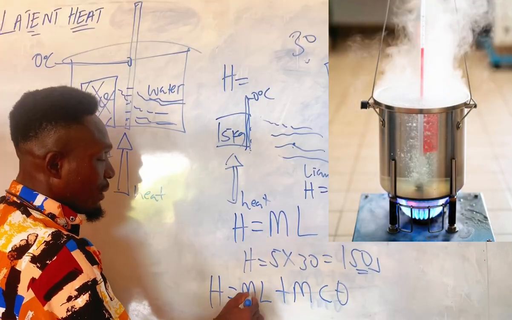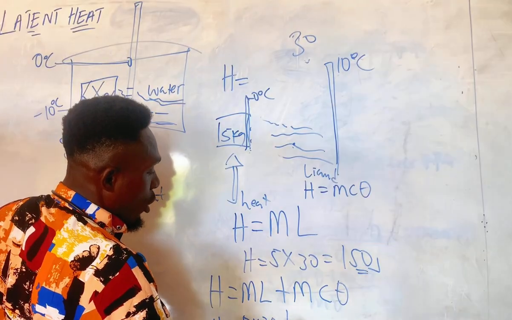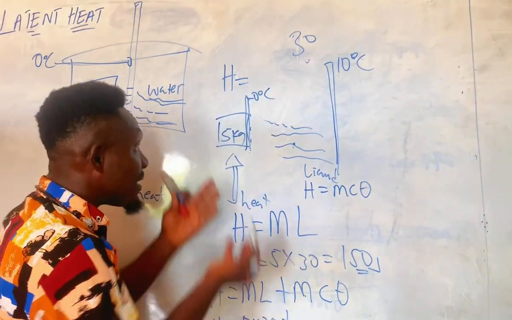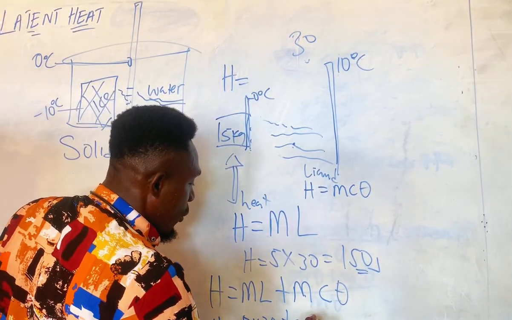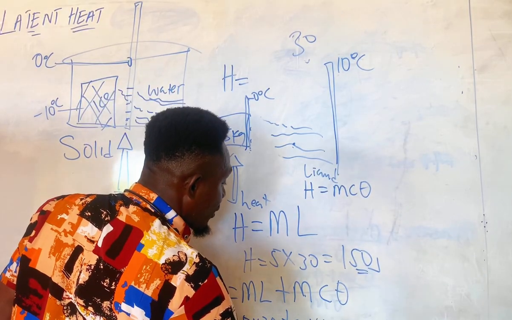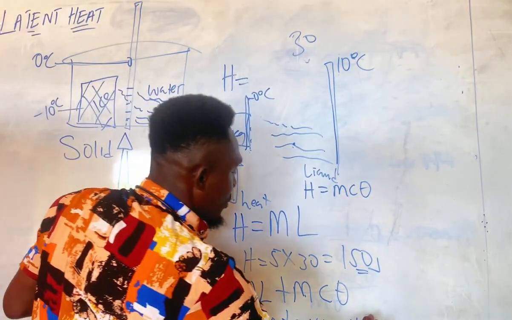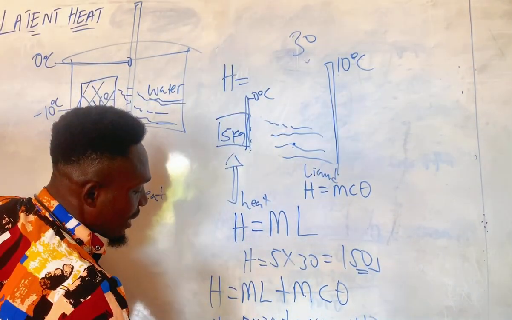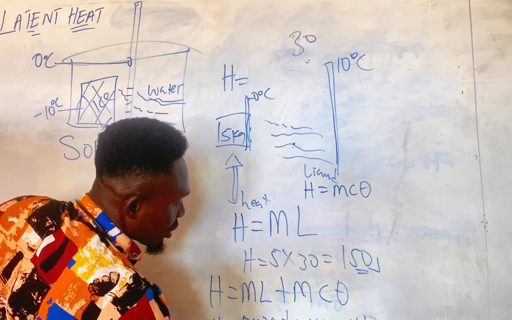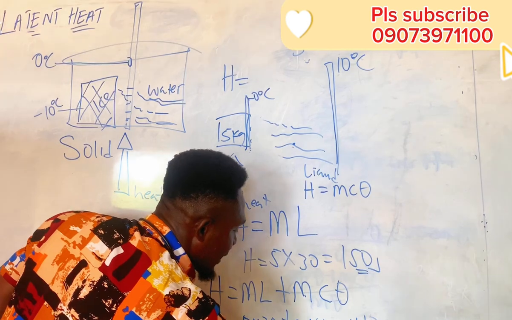Heat equals the mass, 5, times the latent heat, which is 30, plus the mass, which is still 5, times the specific heat capacity, which is 4,200, times the temperature increase of 10 degrees Celsius. So we just go 5 times 30, 150, plus you multiply everything here, you add everything, and your final answer should be what?